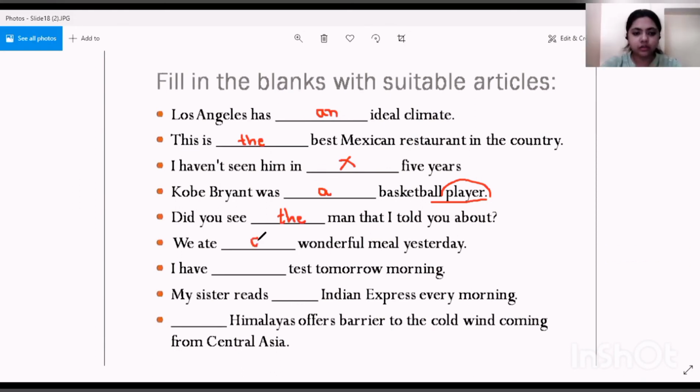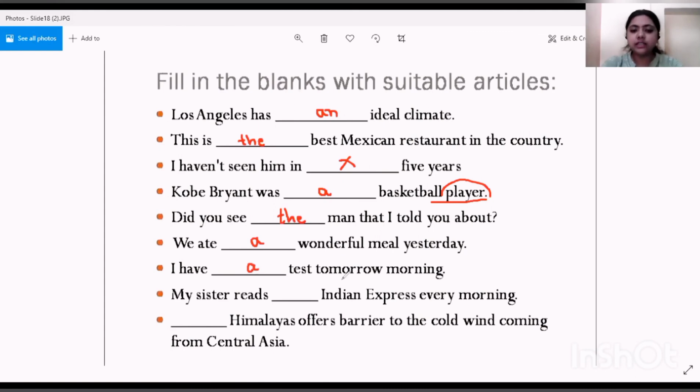Very good. Correct. I have dash test tomorrow morning. This will be answered by Athar. Yes, Athar. Come again. What is your answer? Ma'am, yes, I have a test tomorrow morning.